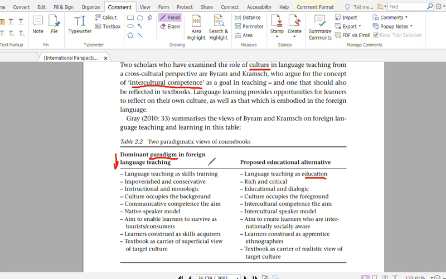So language teaching is viewed in terms of skill training. But in the alternative paradigm, language teaching is seen as education. I have always tried to say that education goes beyond content learning. Education goes beyond subject matter learning. Students are educated to have better lives, to live better lives.